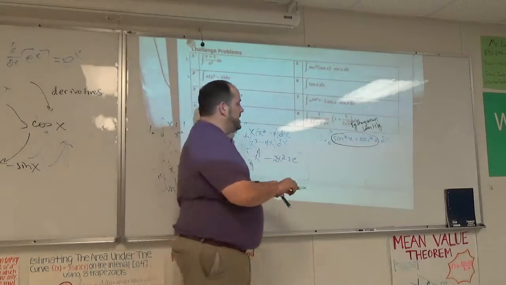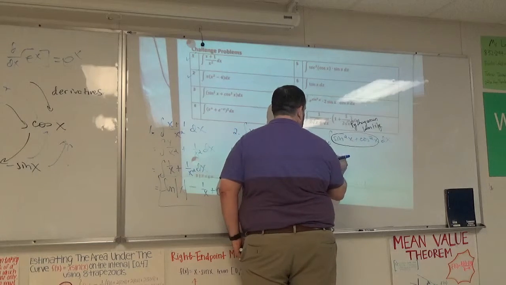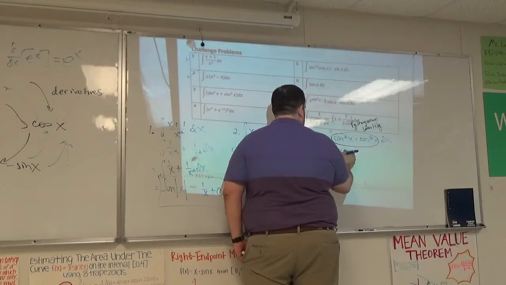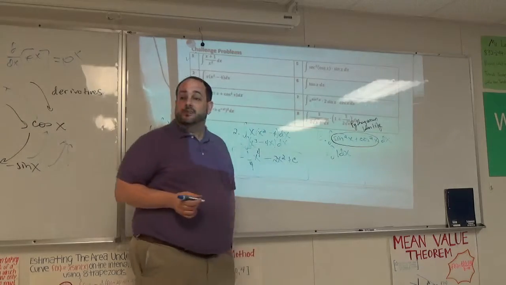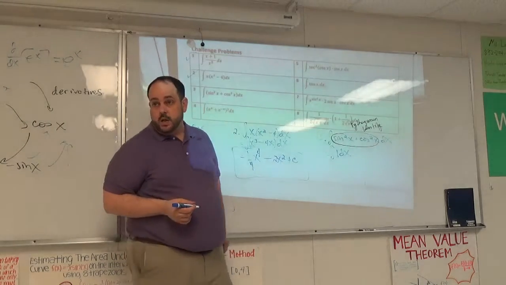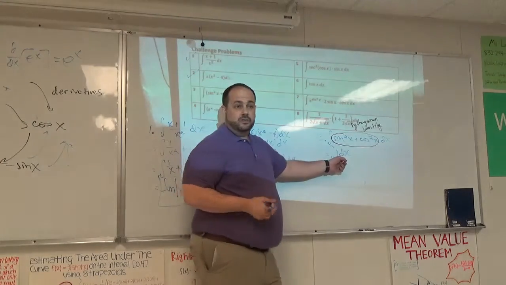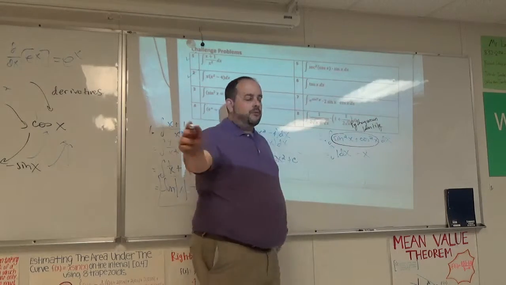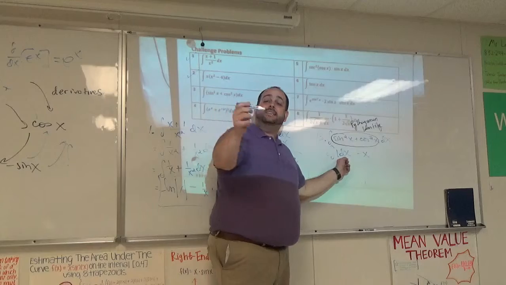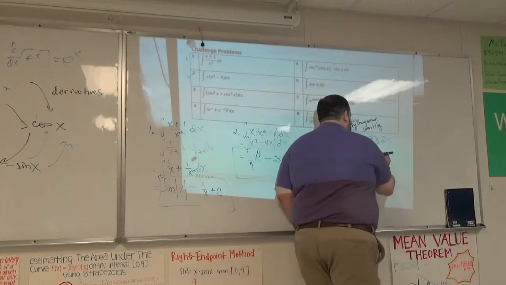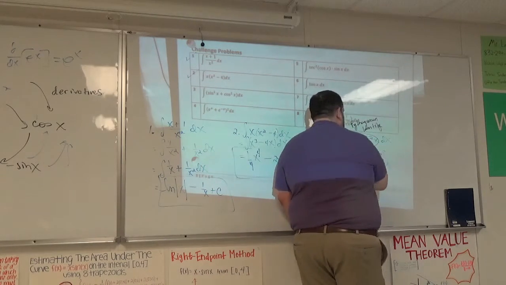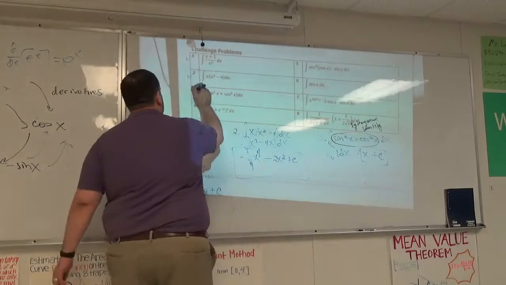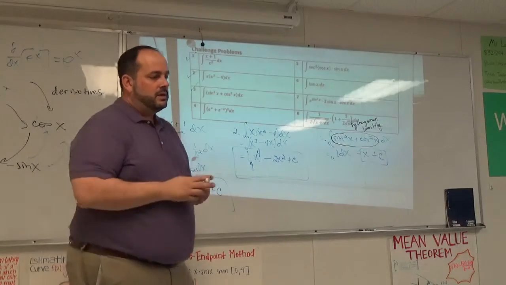The antiderivative of sine squared of x plus cosine squared of x, so I'm really just asking you to find the antiderivative of 1. So what has 1 as its derivative? Not 0. The question is, what would I take the derivative of to get to 1? That's going to be x, but it's really x plus Charlie. Don't forget about Charlie.